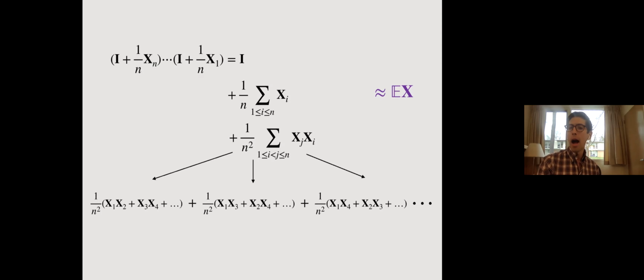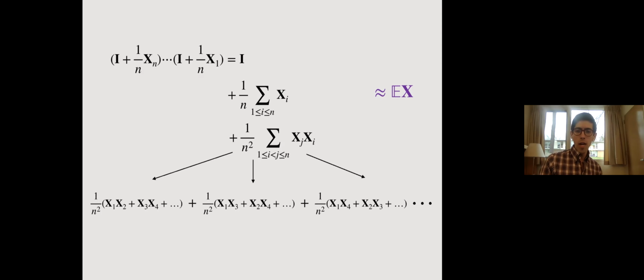For each pair ij between 1 and n, I have a single term, x_j x_i. But if I think about a complete graph, it's actually a well-known old theorem in graph theory that I can partition the edges of a complete graph into matchings. So matchings correspond to edges that have no intersections at the vertices.